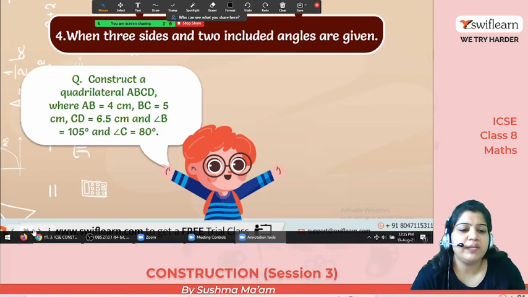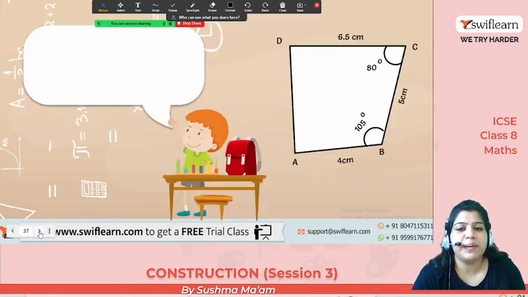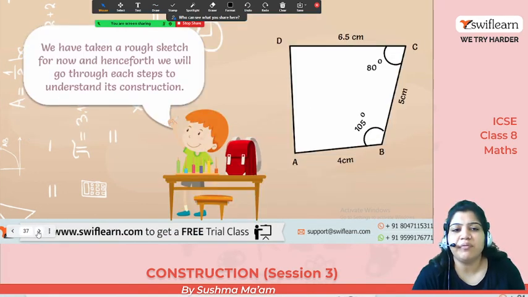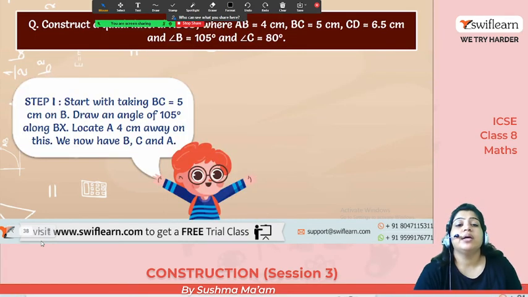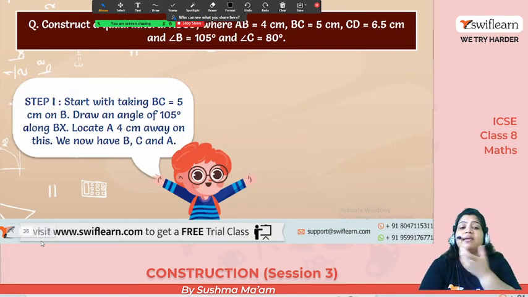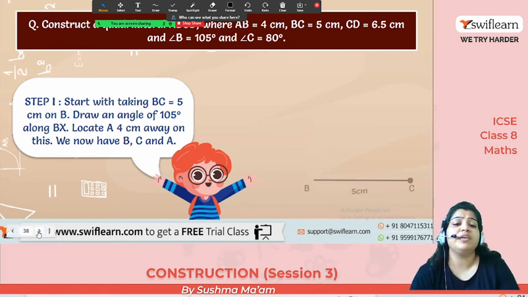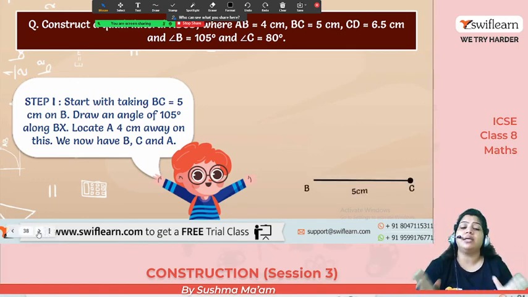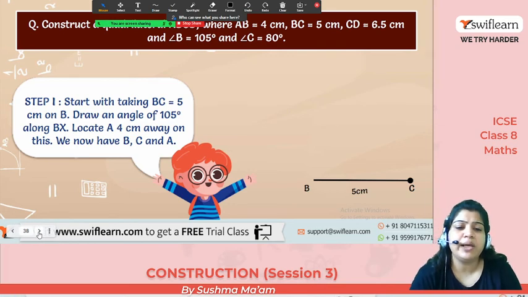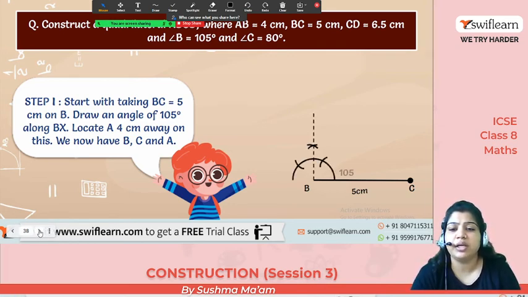Okay, so let's see here step by step. That one is a rough sketch. Start with taking BC as 5 centimeter. On B, draw an angle of 105. Always take the base where two angles are given, that will be helpful for you. Now 90 degree, then 15 degree, and then it becomes 105 degree.